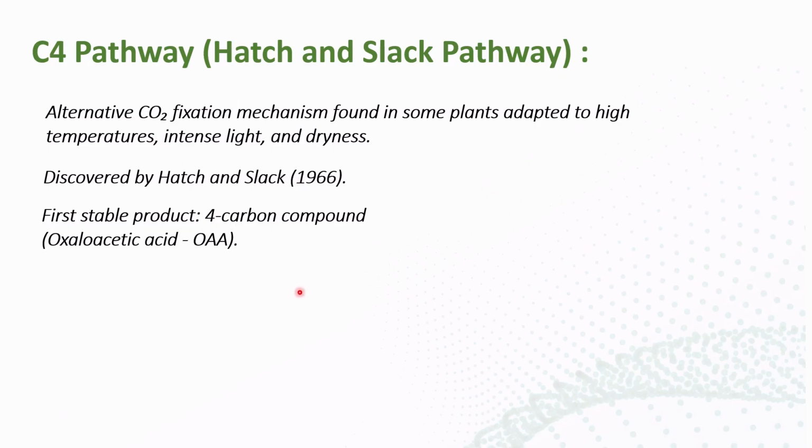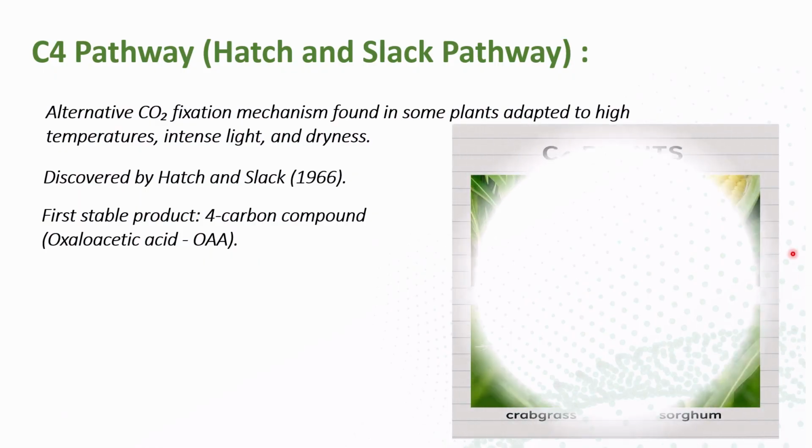Why is it known as the C4 pathway? In the C3 cycle, the first stable compound formed has 3 carbons. In this pathway, the first stable product formed is a 4 carbon compound, which is why it is known as the C4 pathway. That 4 carbon compound is oxaloacetic acid.